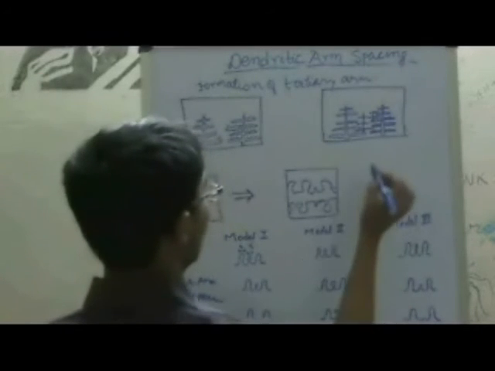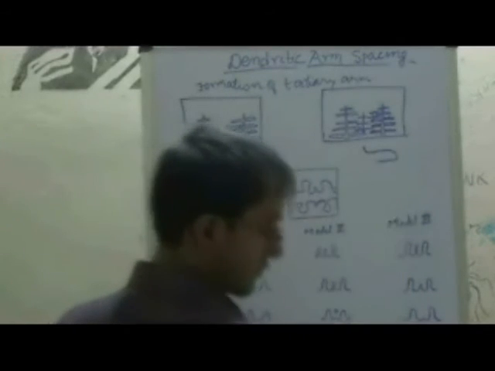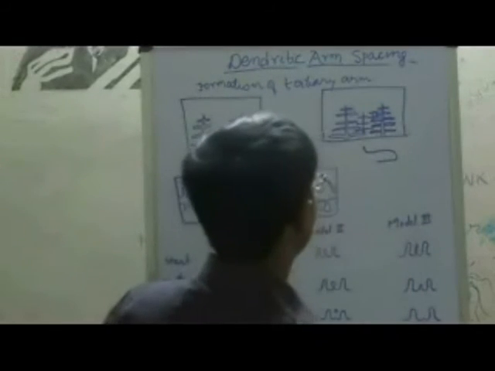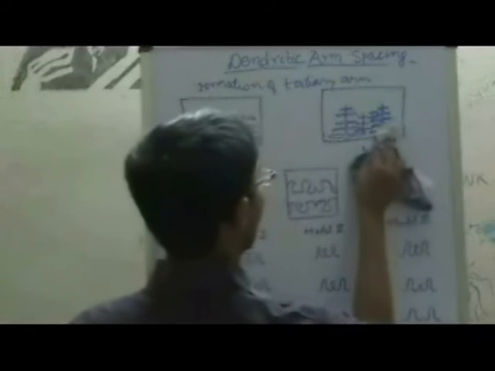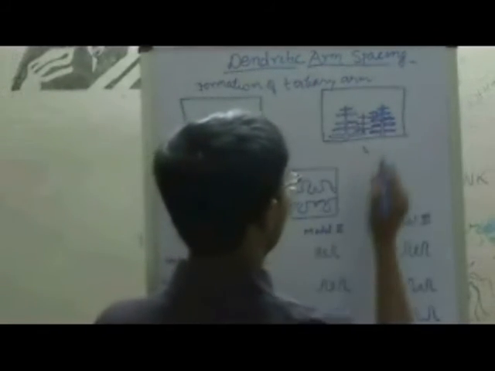The driving force for this is constitutional solidification. Suppose dendrites are growing like this, then along this direction the solid composition is not constant. It varies, and therefore the temperature gradient varies.